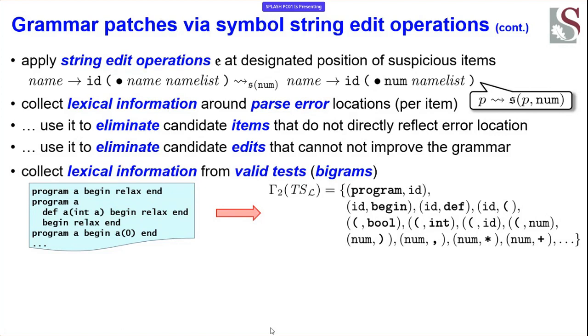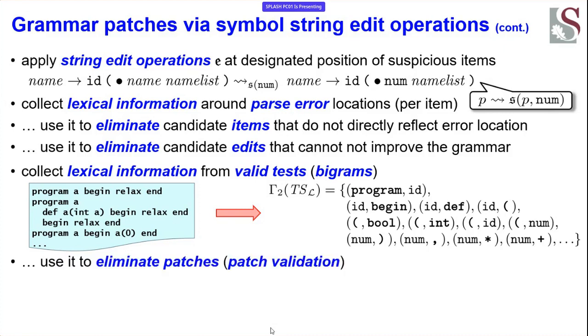All right, so if we have our test suite on the left-hand side, we can extract the list of pairs that are legal in the target language that we don't know. And we can exploit this to eliminate patches afterwards, basically as a post condition on the patch.